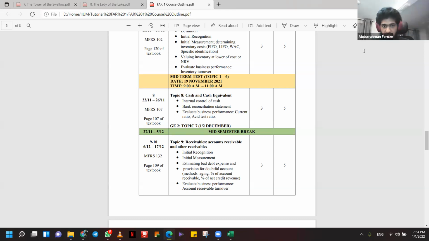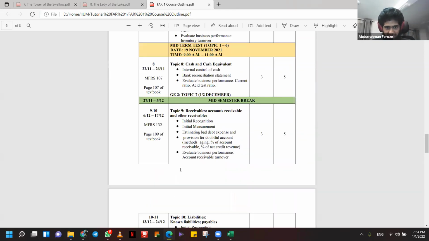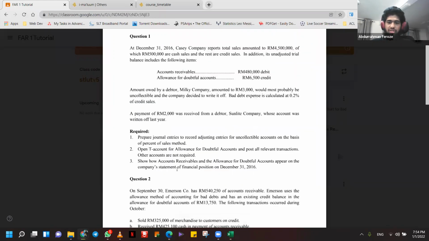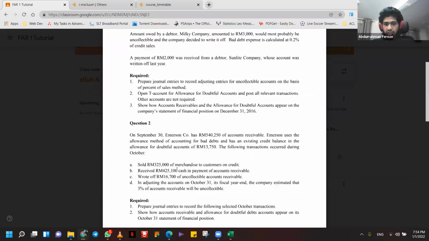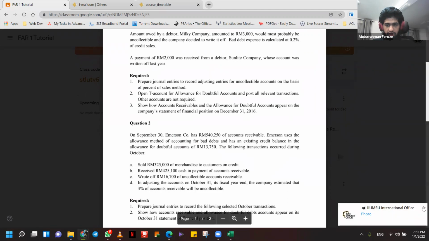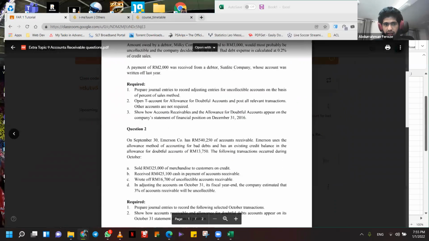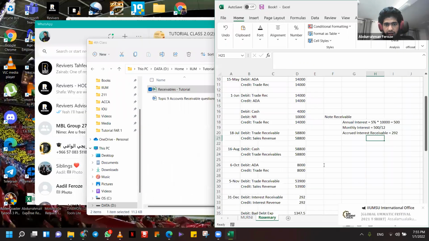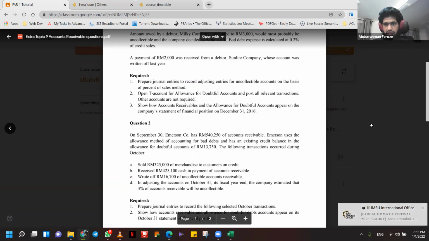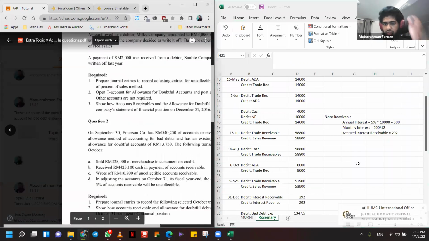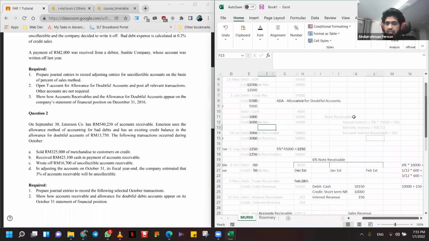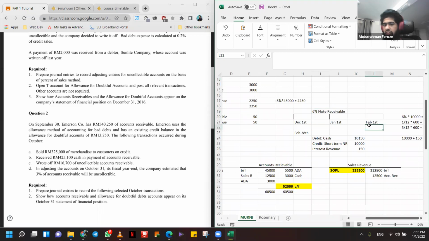Okay, let me try to find a question. So dishonored note receivable is basically that they decide not to pay, right? You've given them a note receivable. For example, in this question, they have given a note receivable, and in 3 months they will pay. So dishonored note receivable is that at the end of the 3 months, they decide not to pay.